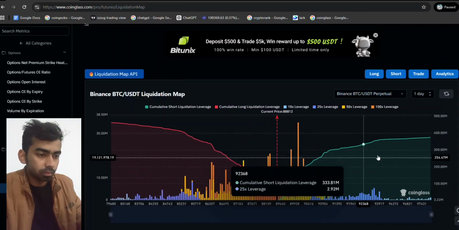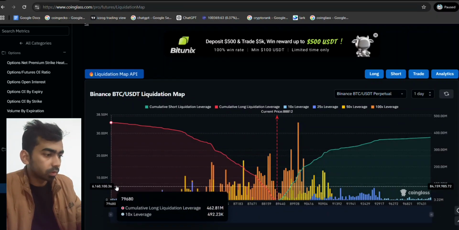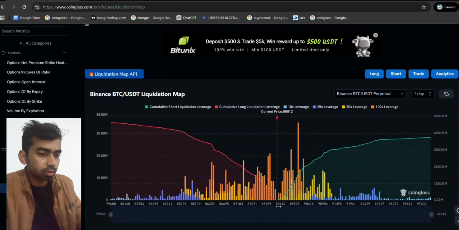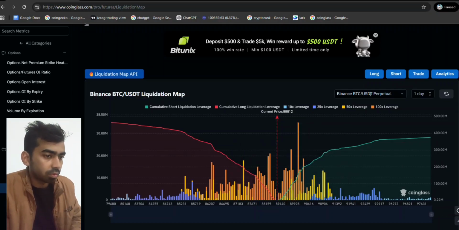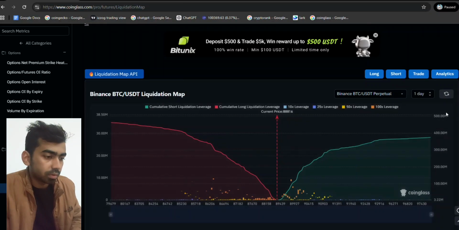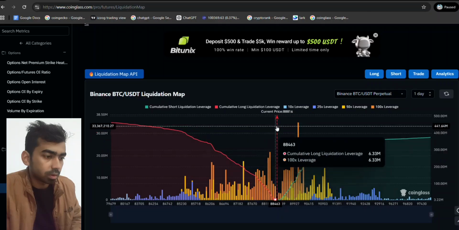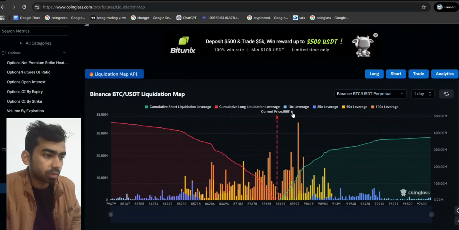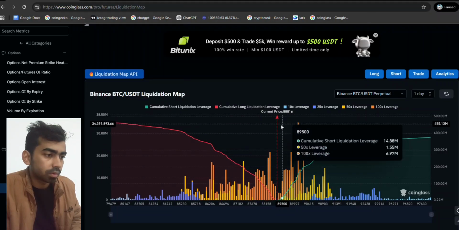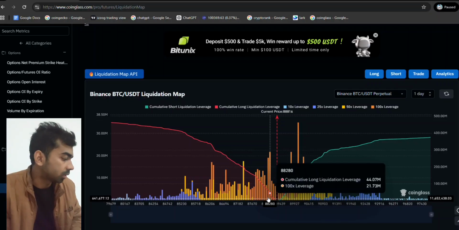Look at that. Lots of people are actually entering short. If BTC tries to fall, look at it, Binance BTC USDT perpetual, and the time is 1 day. The current price of BTC is, yes, approximately here. Okay, current price is 88,816.